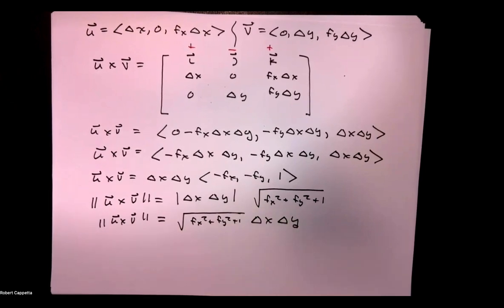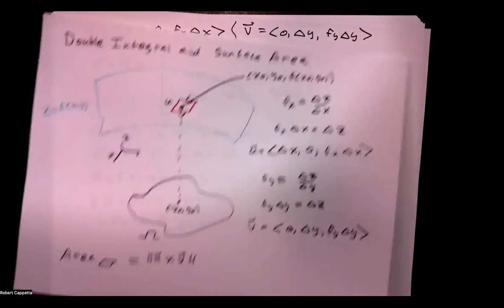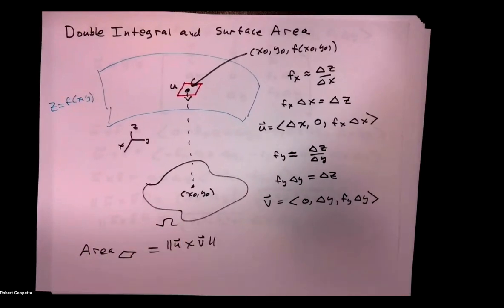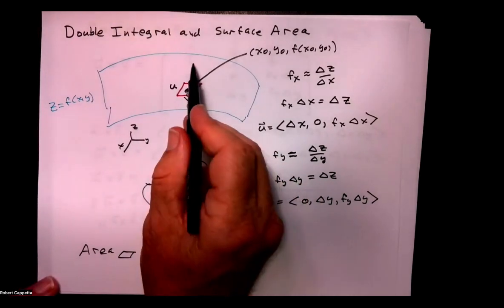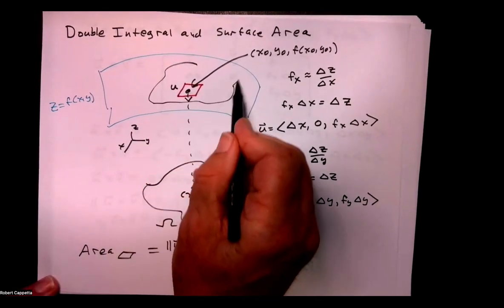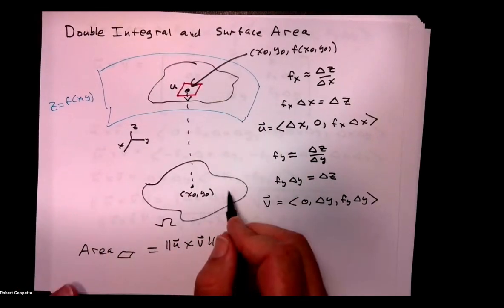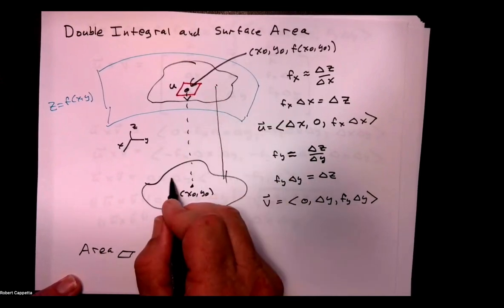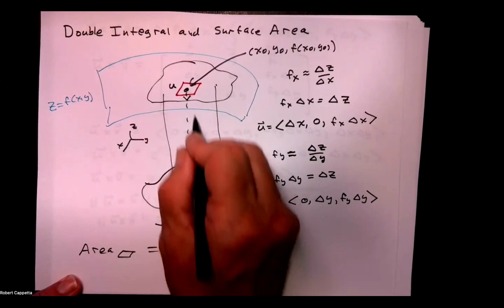Now that was just for one single point, right? That was for one single parallelogram. But if I come back here, if I take all of these points, they will live somewhere up in this surface. So these points get set up here. So there's a point that goes here. There's a point that goes here. There's a point that goes there.